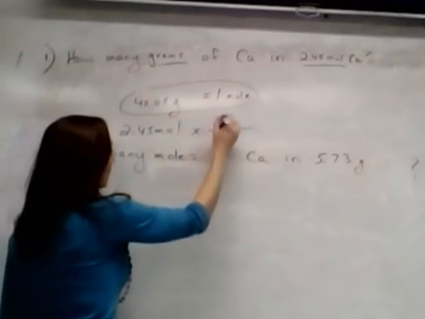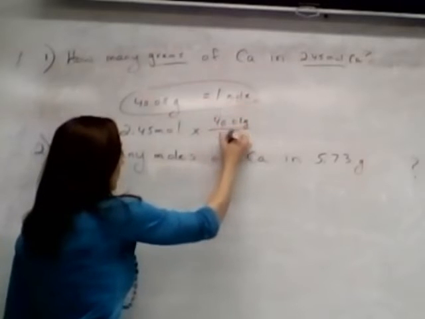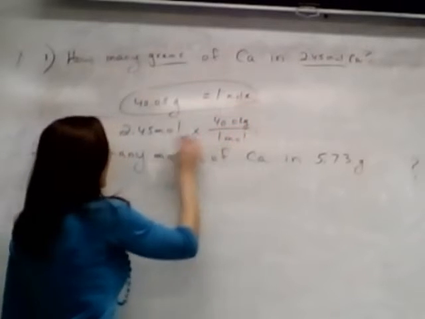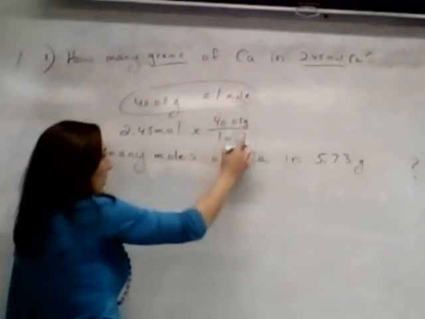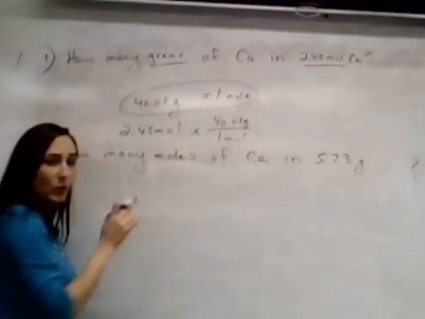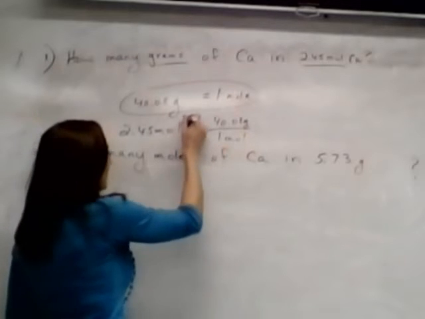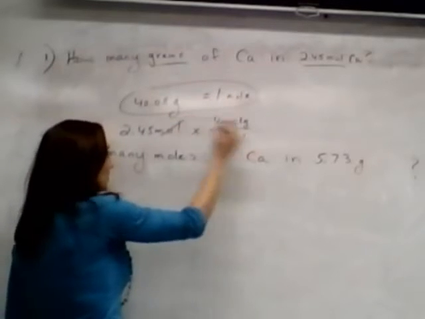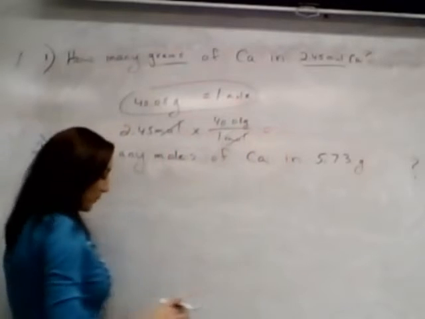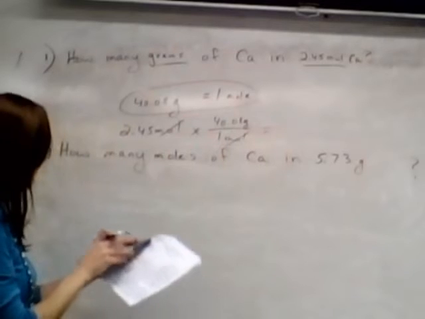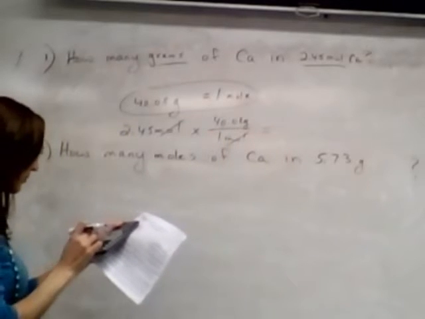So I want to end up with the grams. I'm going to put that 40.0 grams in the top, and I want the mole unit to cancel out. Notice the abbreviation for mole is just MOL, so you'll see me chopping it off periodically. That's the only appropriate way to abbreviate the mole, because with just the E chopped off, not just M or MO, it's MOL. So notice 2.45 times 40.0. Again, we're going to be limiting our significant figures based on the original number.